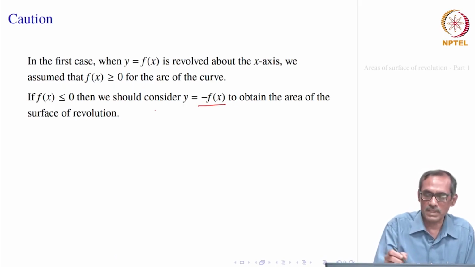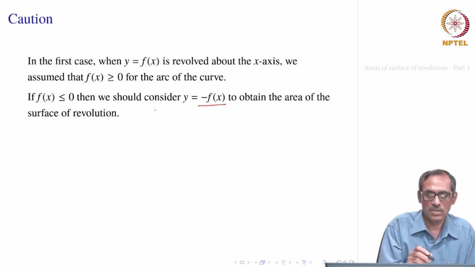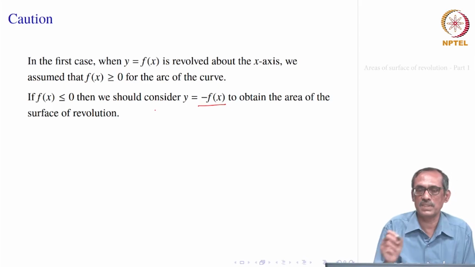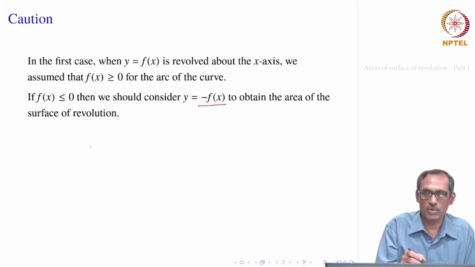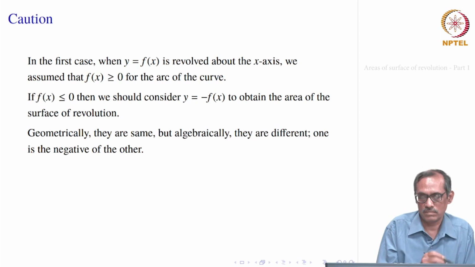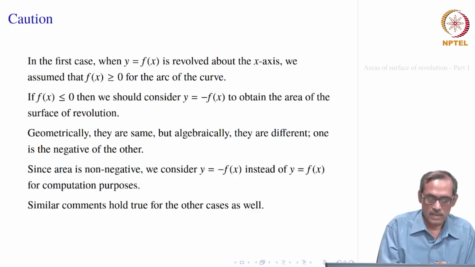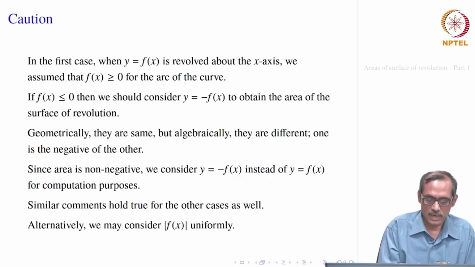If both happen, say in some subinterval a to c it is less than or equal to 0, and from c to b it is greater than or equal to 0, then we may have to compute both of them separately and then add them, to get the total area of surface of revolution. Okay. So, now let us see an example.